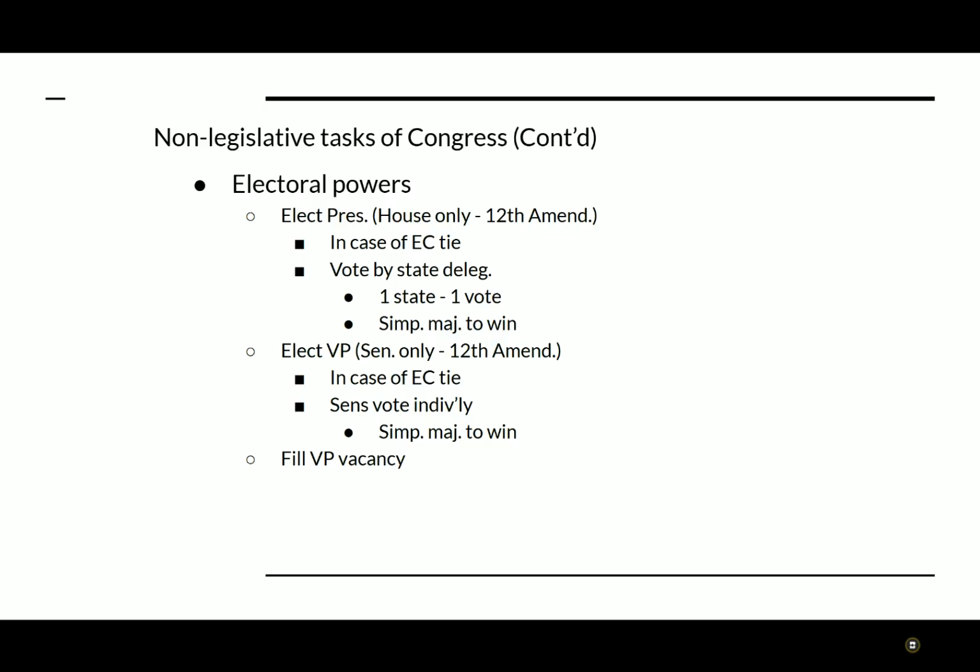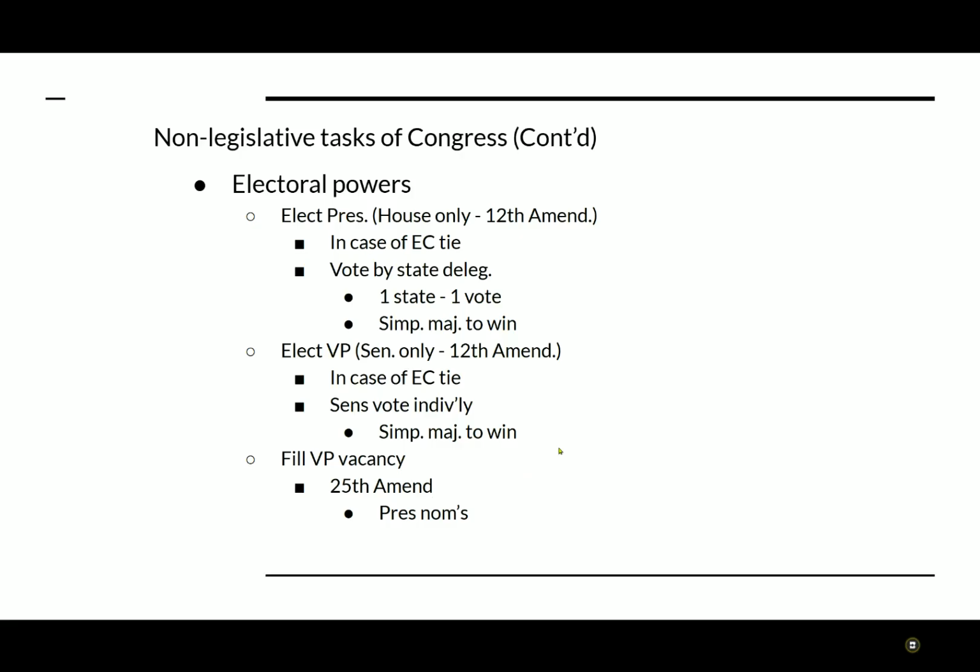In more recent history, Congress has had a part to play if there is a vacancy in the office of vice president. More recently, we have the 12th Amendment for picking a president or vice president, but the need to fill a vice presidential vacancy was something that was dealt with much later in the 25th Amendment.